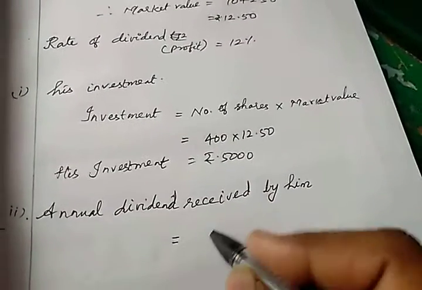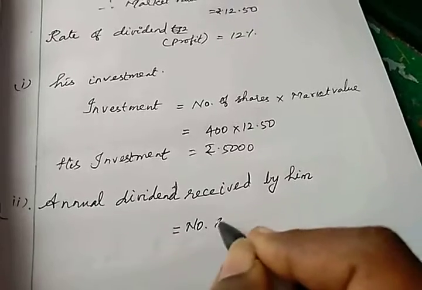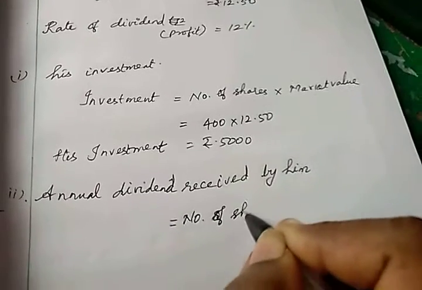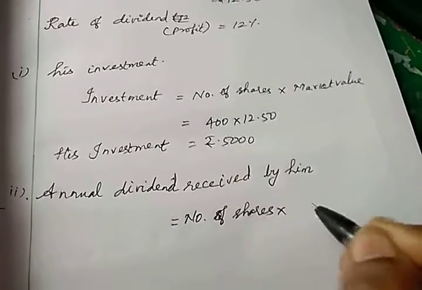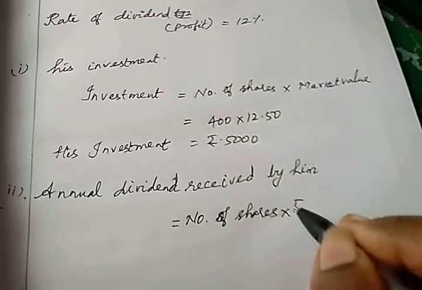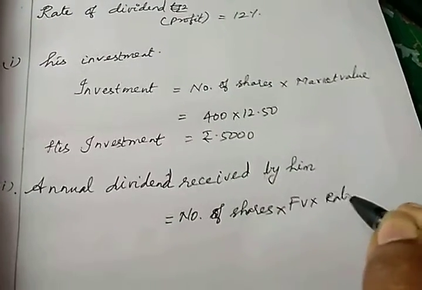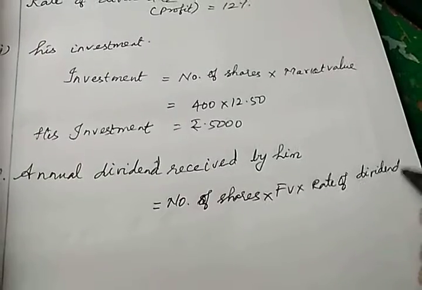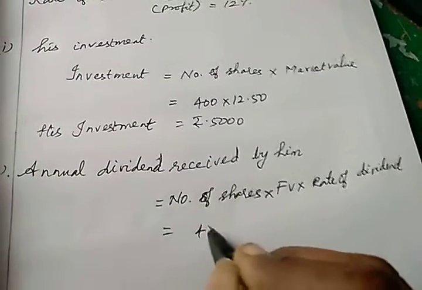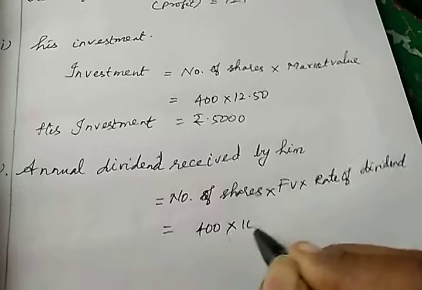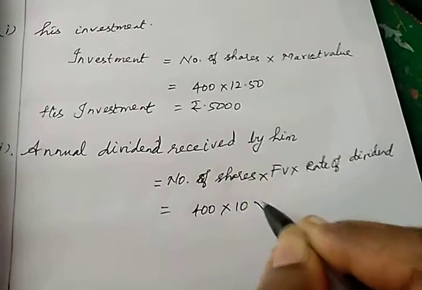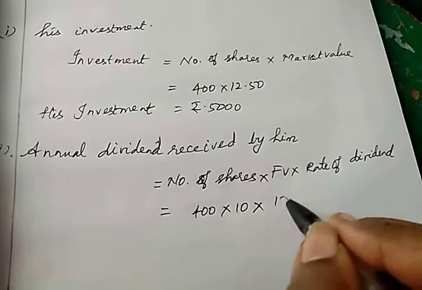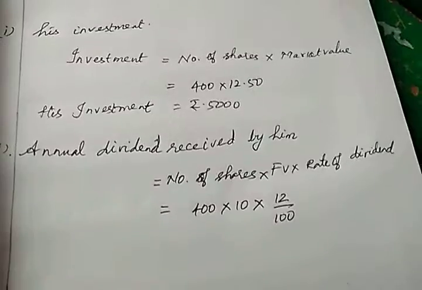equals, the formula is number of shares into face value into rate of dividend. Number of shares is 400. Face value of each share is 10 rupees. And rate of dividend is 12 divided by 100.